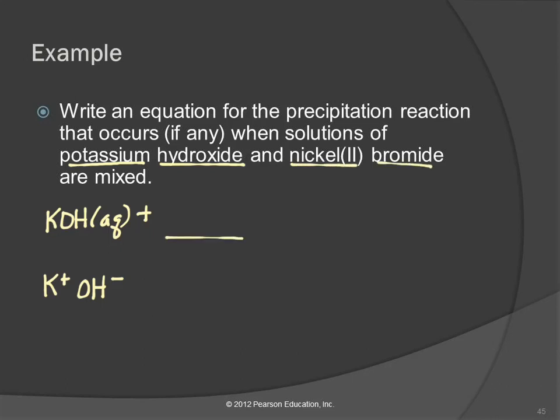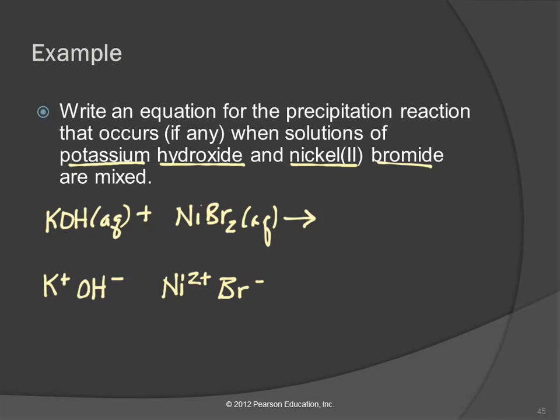So I'm going to put my formula for my reactant here. I'm going to write, though, the ions below it. Ni 2+, nickel 2, and bromide is Br-. So when I put those together, I'm going to get NiBr2. That's also aqueous because I was told that it was a solution.